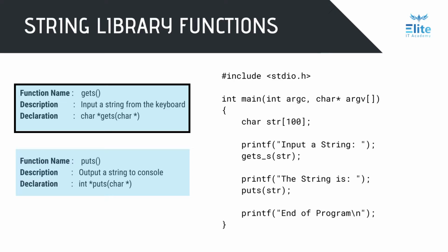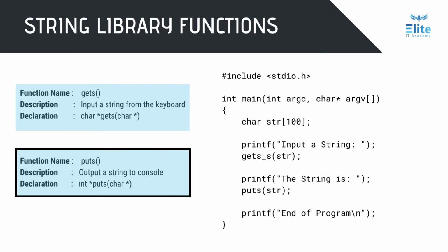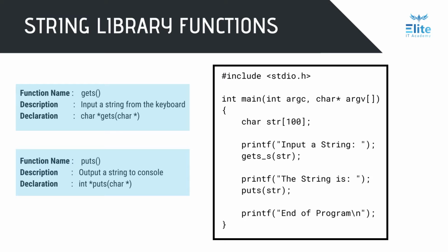When the user presses the enter key, it null terminates the string and returns a pointer to the start of the string. Similarly, the function puts displays a string on the console. The string to be displayed is passed as an argument to the function. As shown in the program here, we simply input a string and then display the inputted string on the console.